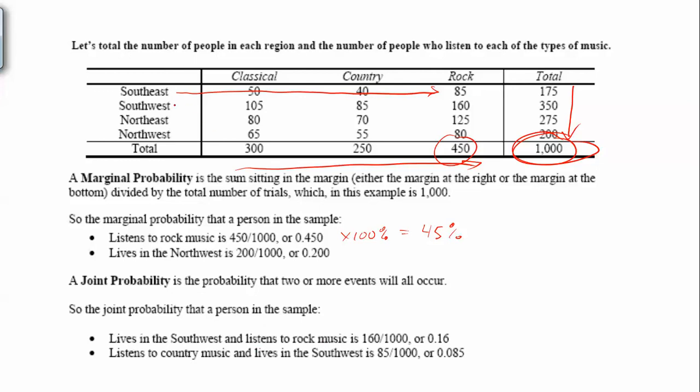Oops, went through the wrong column, I apologize. We find that there are 160 people that live in the Southwest and listen to rock music. So this is a joint probability, meaning that it's the joint of two independent events, divided by the total, which is 1,000. So 16% of my population in the sample listen to rock music and live in the Southwest.